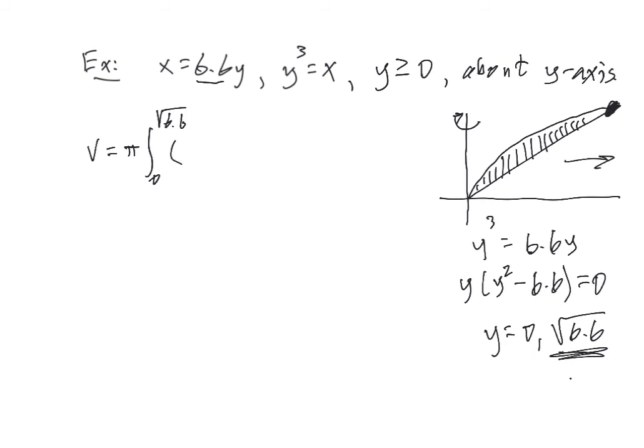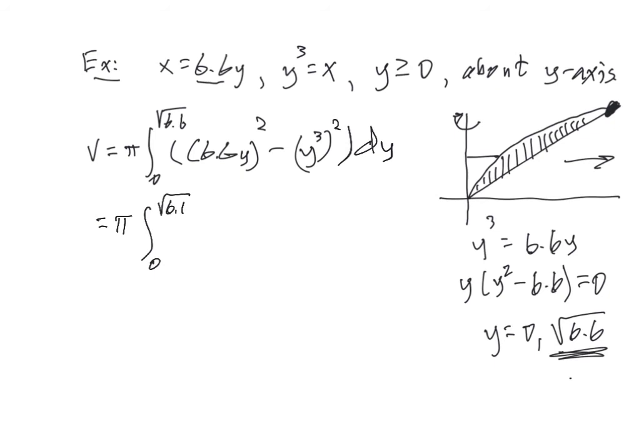That's the line. So we're going to take 6.6 and y and square it. And then we're going to subtract off the bottom function, which is y cubed, and square it. And that integral will do the job. Now let's clean it up just a little bit.